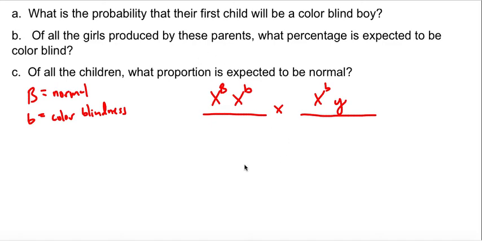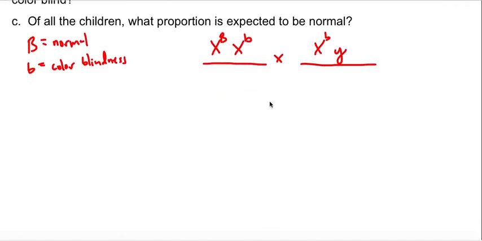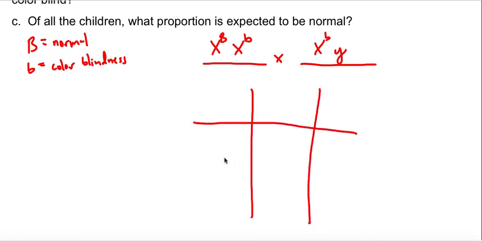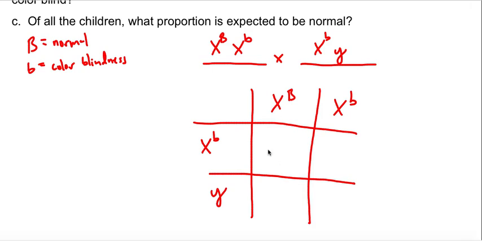And so what we'll do here, just to answer all those questions, is we'll have to make our Punnett square. And it doesn't matter where you put them. And so let's see.